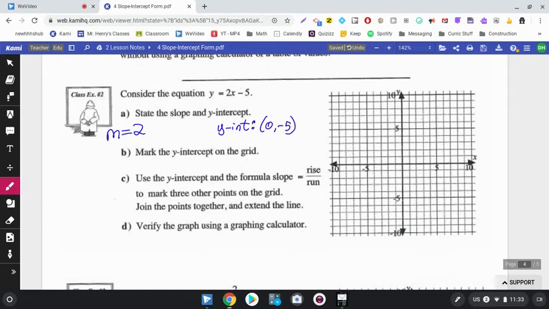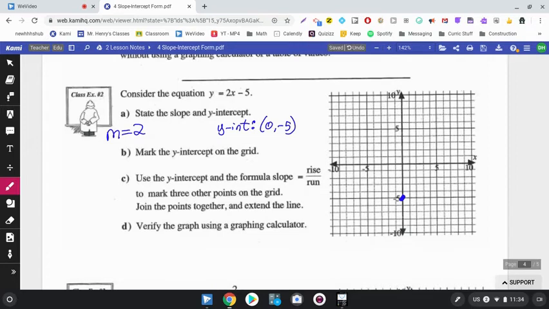And if I want to graph a straight line, I know this is a straight line because it has a degree of 1. All I need to make a straight line is 2 points. Normally when I graph, I look for 3 or 4 or 5, but technically all I need is 2 points. And I already have one of them. 0, negative 5, my y-intercept, I can put on my graph.